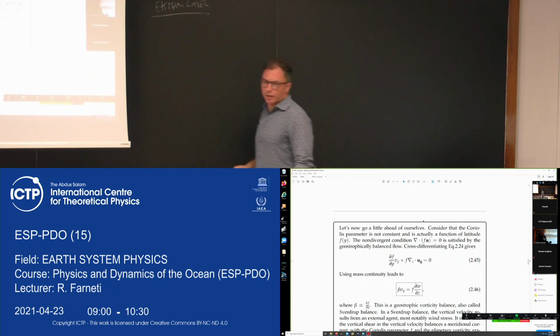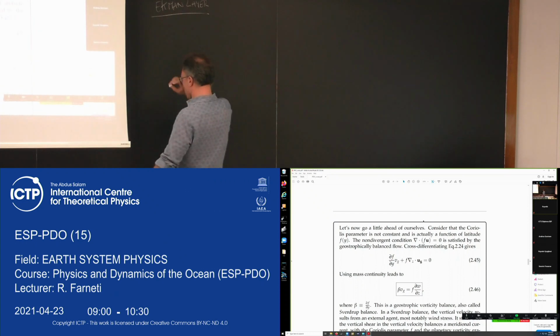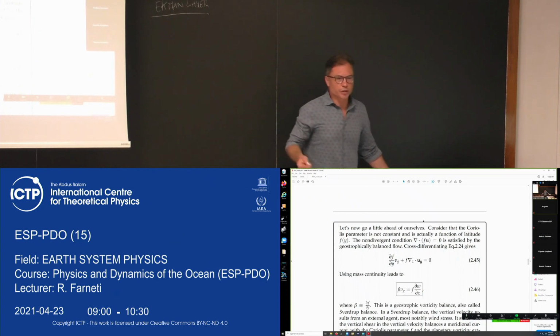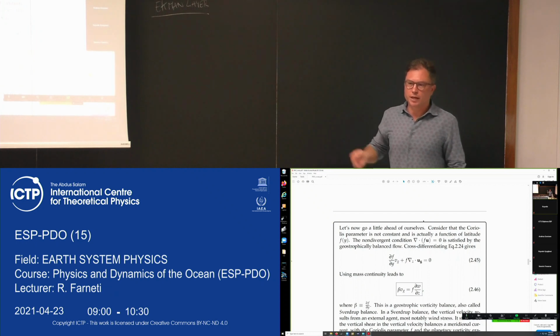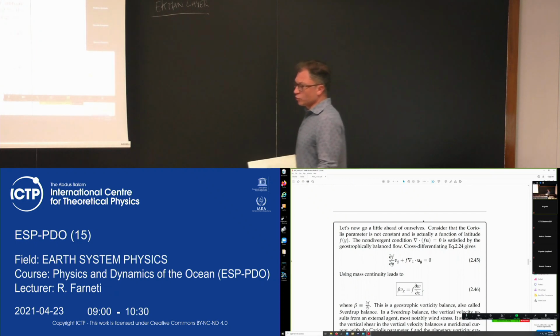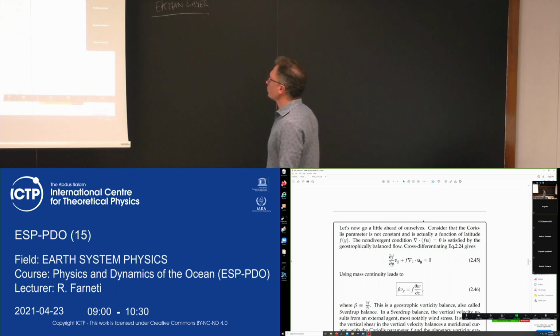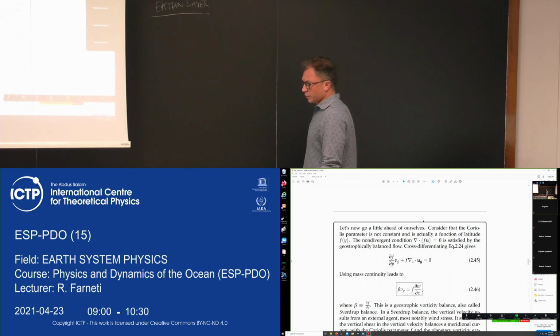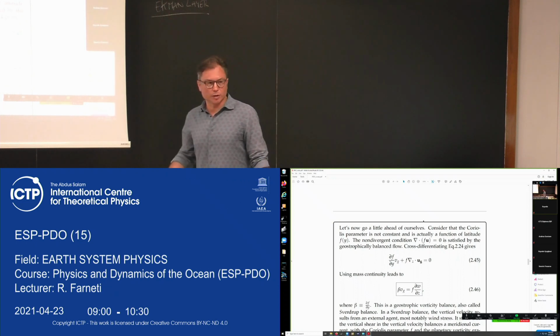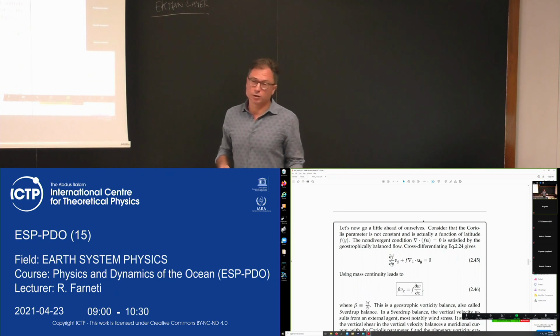Okay, so we'll talk about the Ekman layer. So usually in the ocean you care about the top Ekman layer, the upper Ekman layer. In the atmosphere usually you care about the bottom Ekman layer. The theory is the same, and we will see both. In the ocean the bottom Ekman layer is also important, but not for the large scale ocean dynamics.